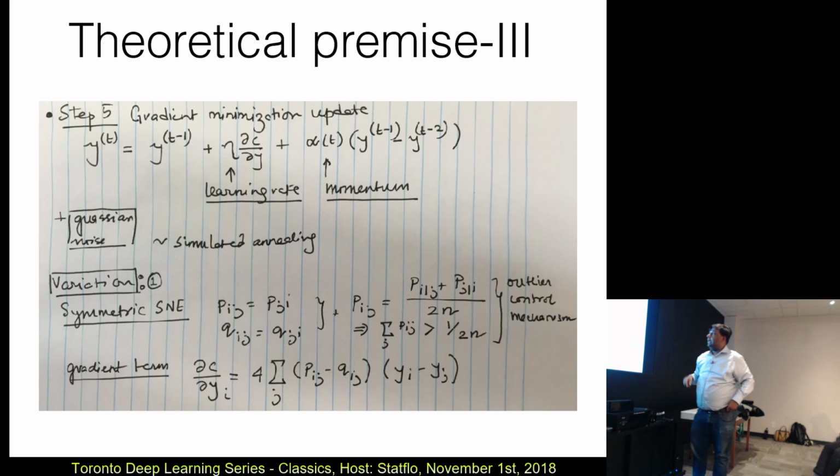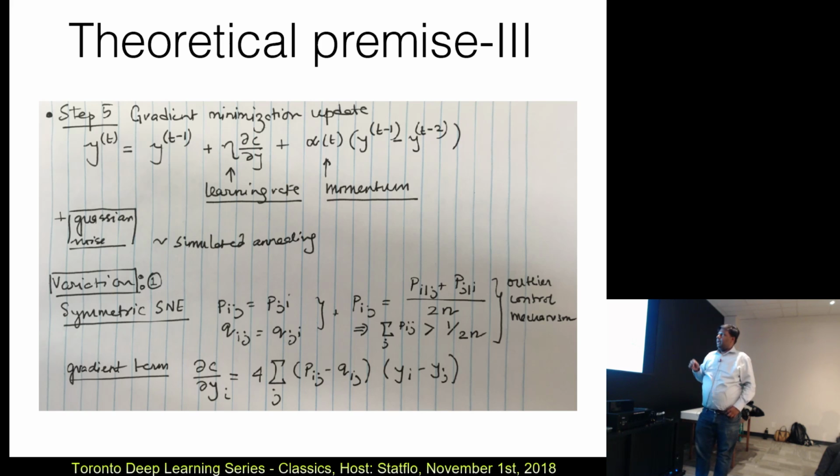Here now the other hyperparameters start to get implemented. There is this parameter called learning rate, which I'm sure you are more aware of. And then there's momentum, which is a hyperparameter introduced because it was shown that it makes the algorithm faster. This was the alpha term.